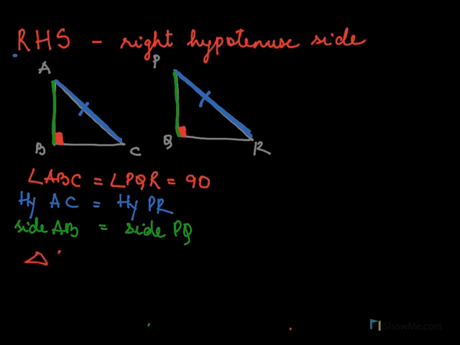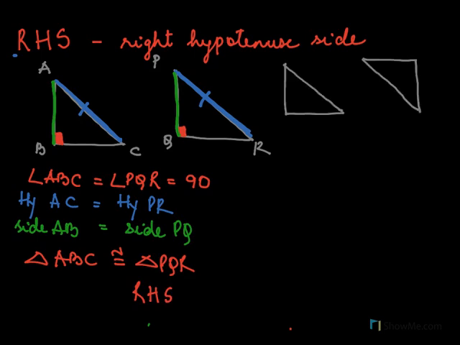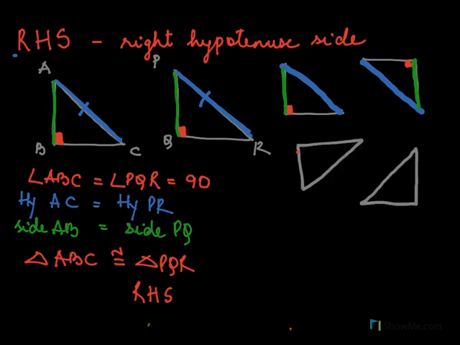So now I can say that triangle ABC is congruent to triangle PQR by RHS, right angle, hypotenuse, side. The triangles could also be this way. The minute I have one right angle, if these two right angles are equal, and the hypotenuse in this is equal to the hypotenuse in this, and any one side, say this side is equal to this side, now I can say the triangles are congruent.